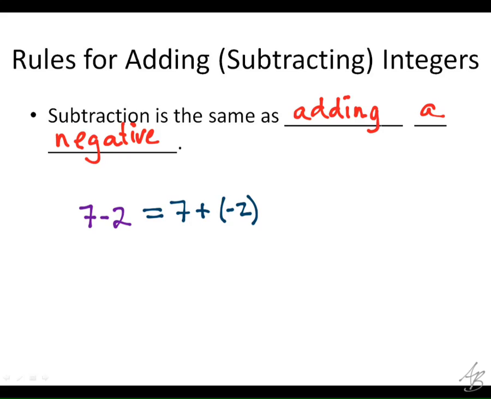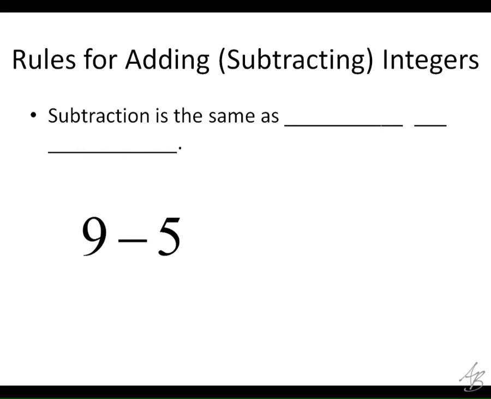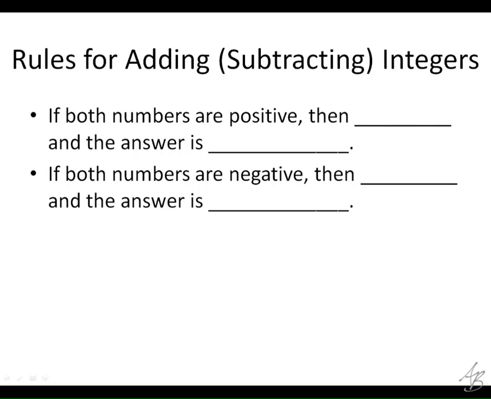So it's important to understand that when we're subtracting, it's really just adding a negative number. So a subtraction problem means that one of the numbers is negative. And that's important to remember. Okay? So if we have something like 9 minus 5, that's the same thing as 9 plus negative 5.